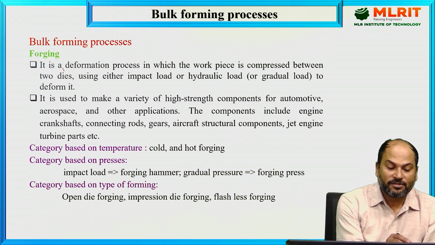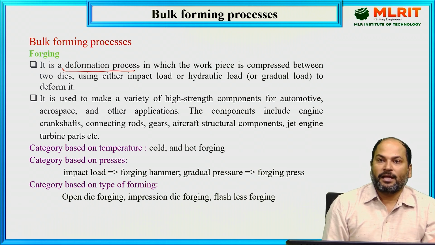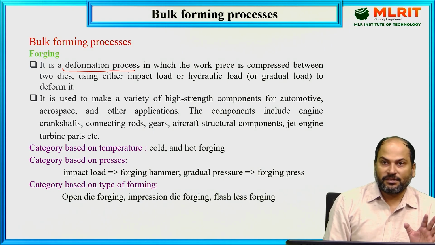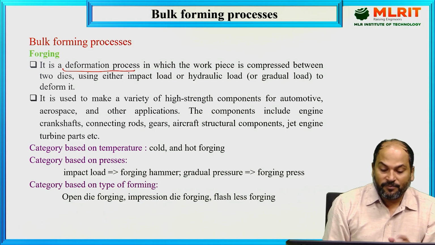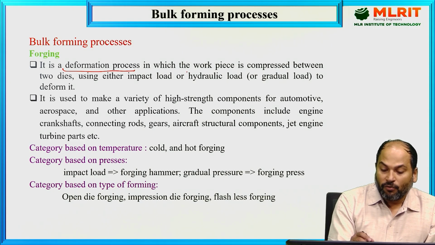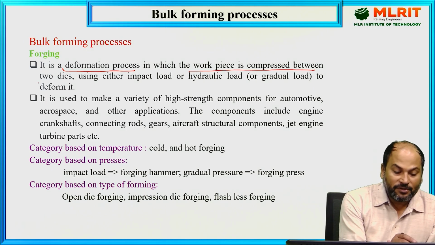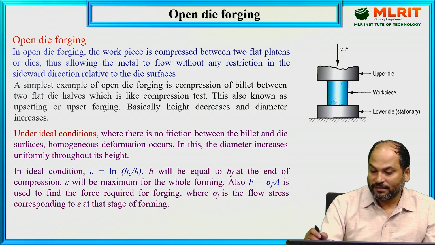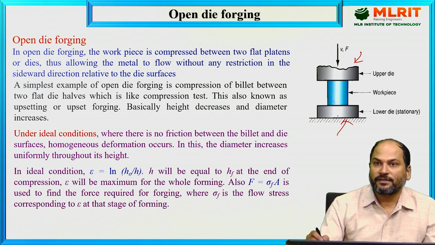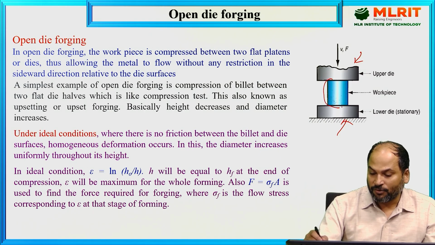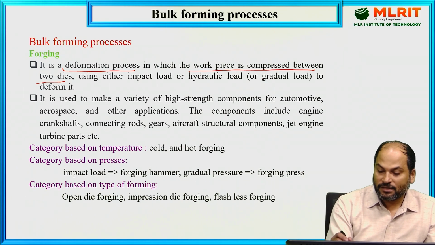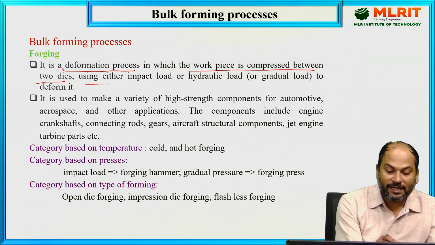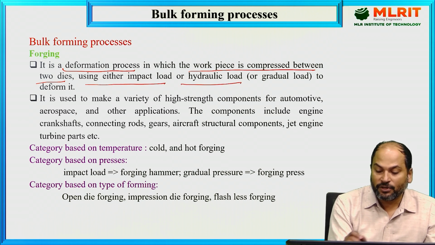It is a deformation process. As we know, all these metal forming processes are nothing but deformation, that is plastic deformation. It's a deformation process, meaning the workpiece is compressed between the two dies. We have already seen through the diagram. Two dies means just like this one. This is the one die, and this is the other one. This you can see is fixed, and here our workpiece is. So it is compressed between the two dies using either impact load, hydraulic load, or gradual load to deform.